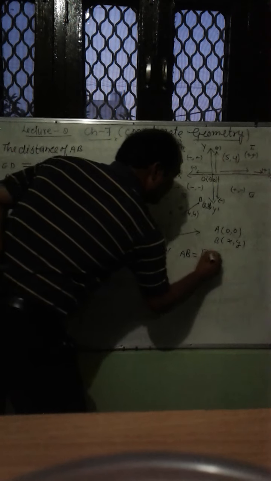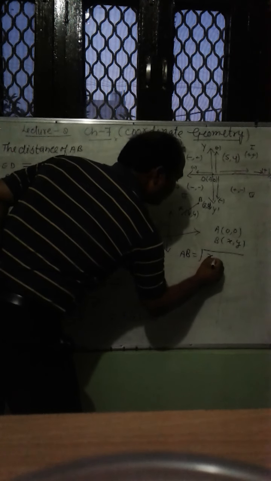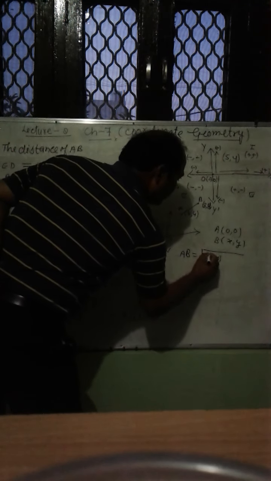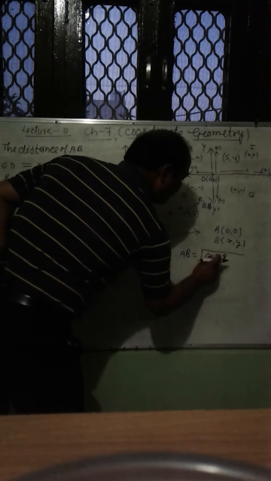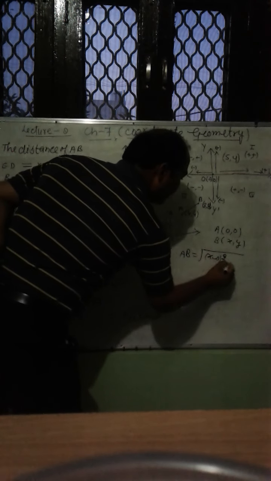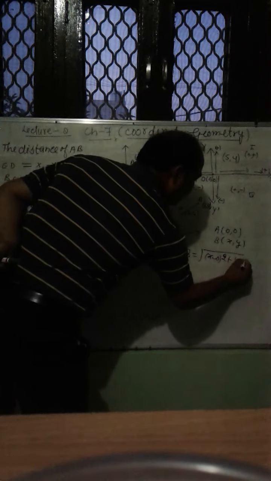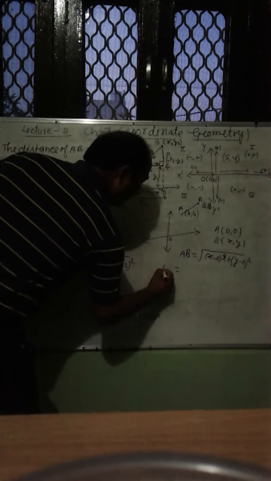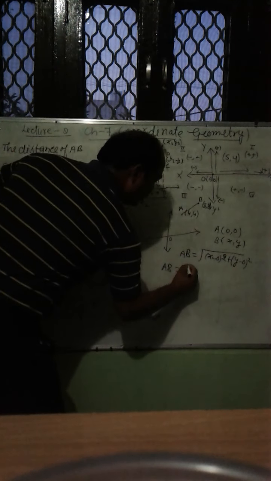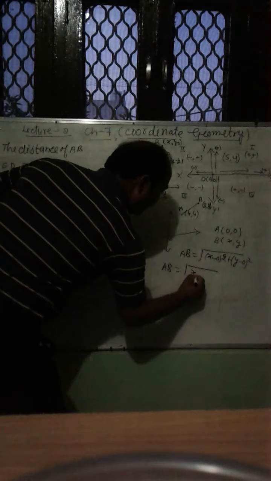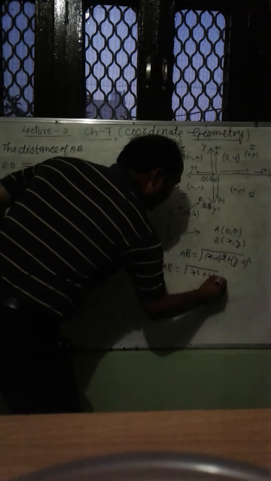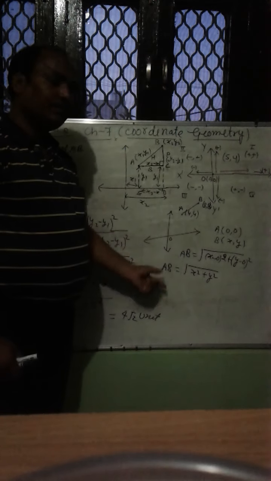The distance formula gives root of (x minus 0) to the power 2 plus (y minus 0) to the power 2. Then we write AB, the distance of AB, equals root of x square plus y square. It means this is another formula.